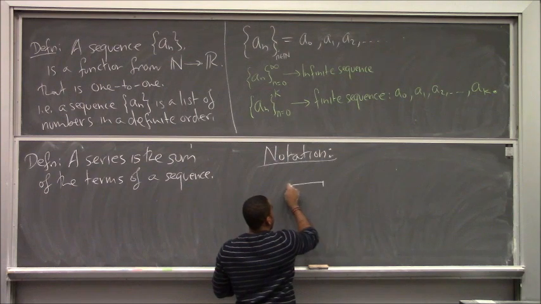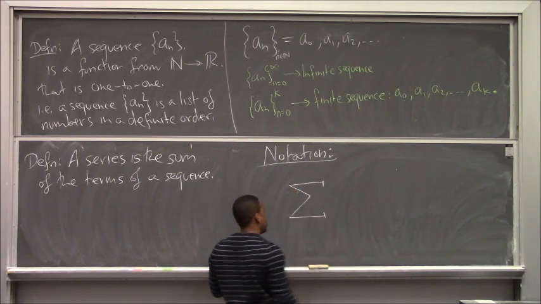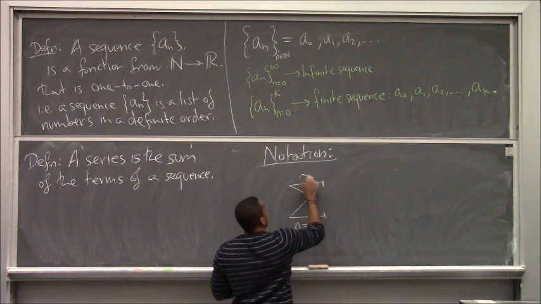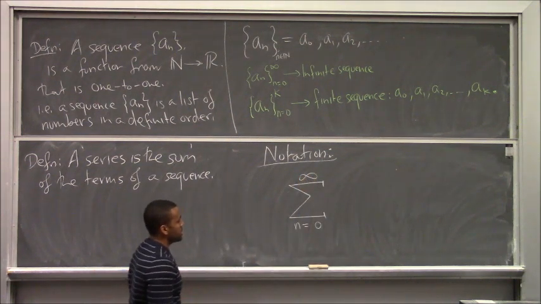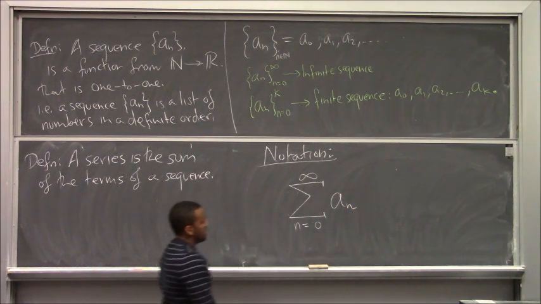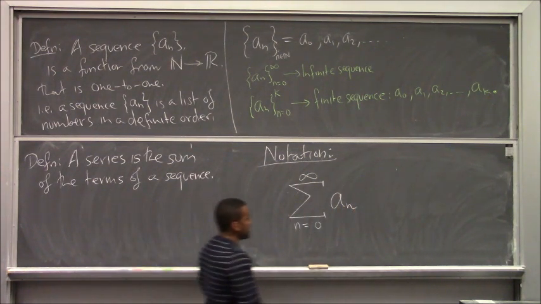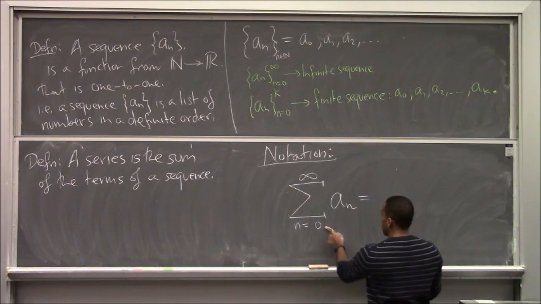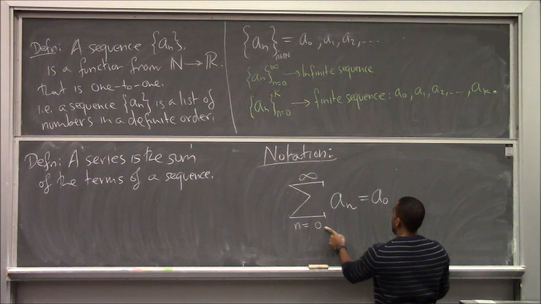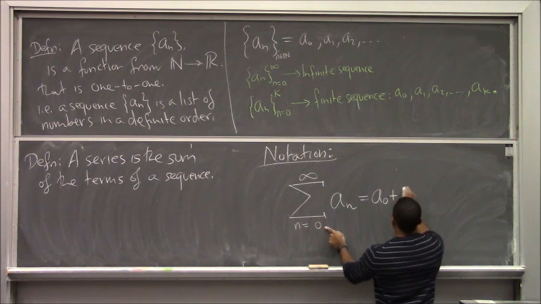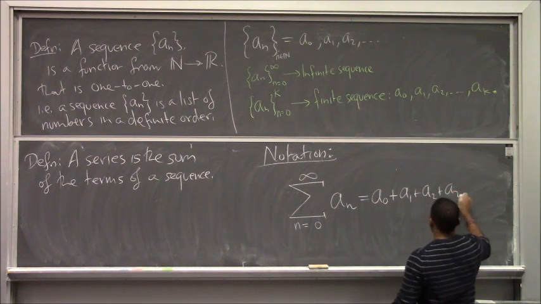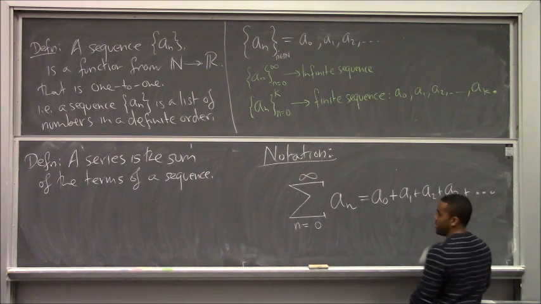We write uppercase sigma, and then we can write something like this, up to infinity. This is the example of an infinite sequence. And we write a_n. Now, this basically means you start at 0, you plug in 0 into whatever that formula says, and then you add that to when you plug in 1, add that to when you plug in 2, add that to when you plug in 3, and this continues ad infinitum.